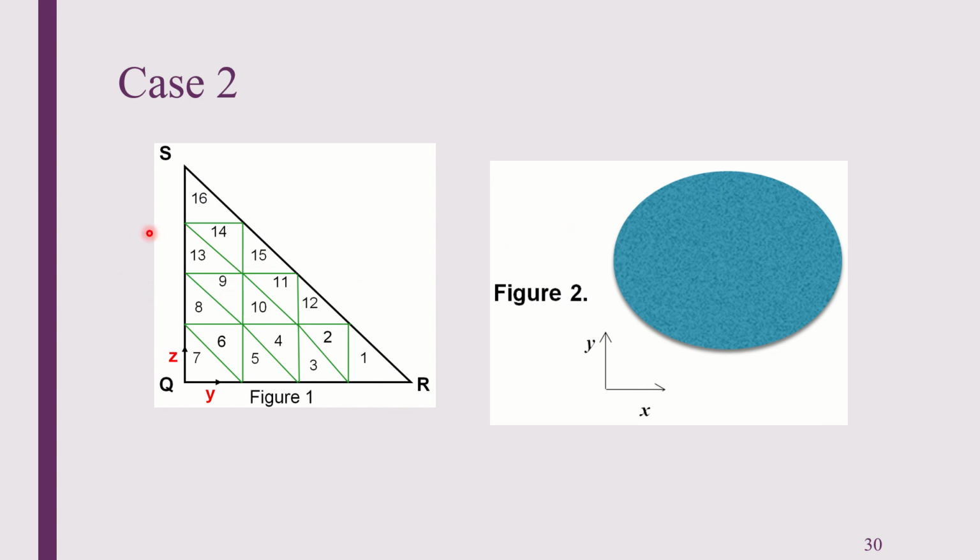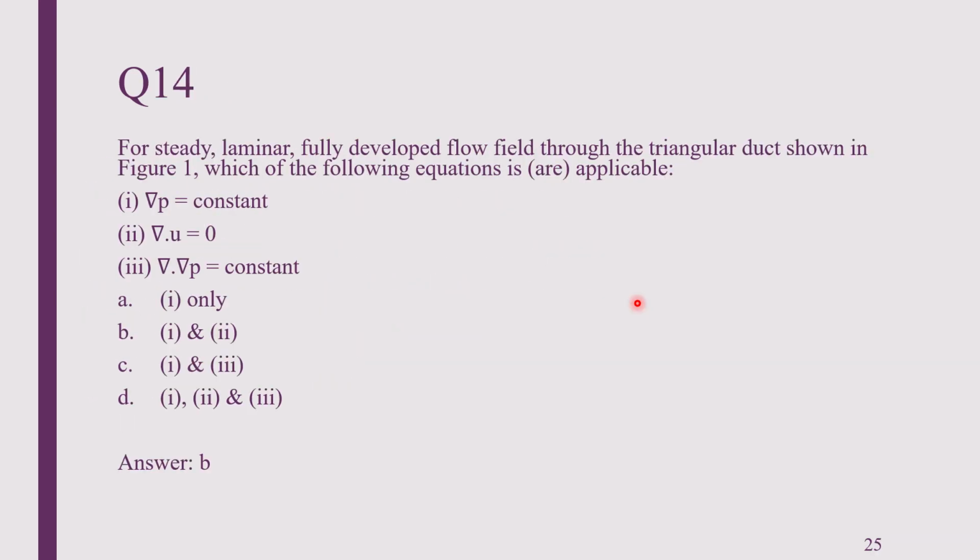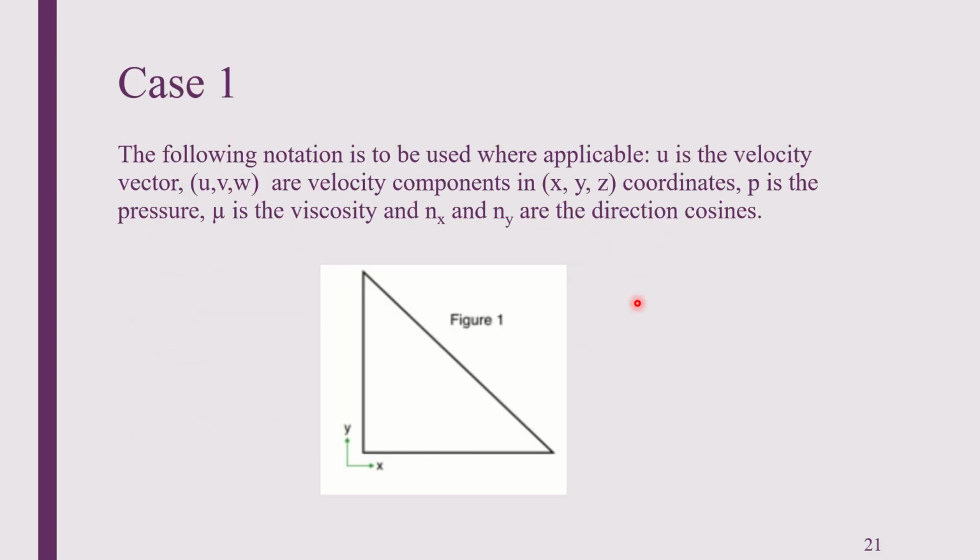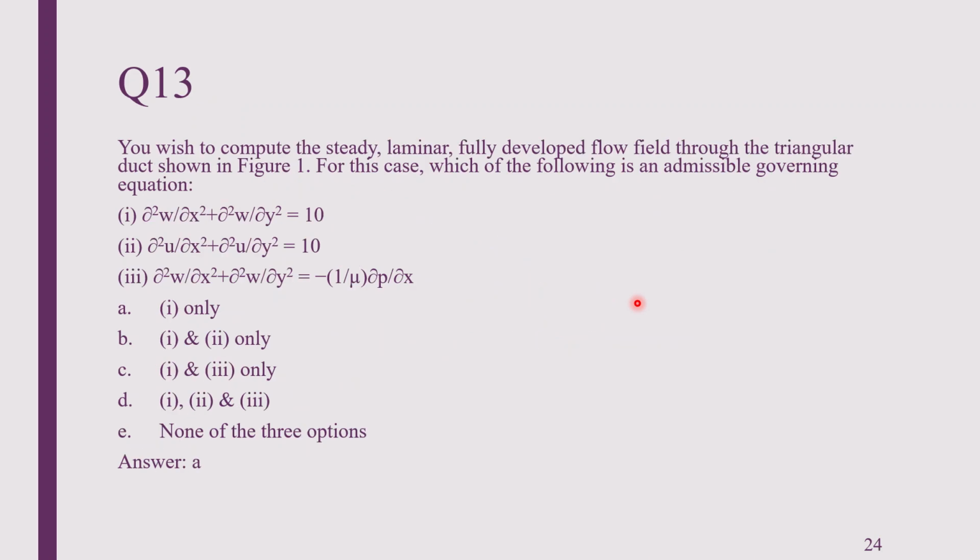Again, one is in the YZ domain and the other is in the XY domain. So just have a brief picture of it. Here we have flow through two different domains, one a triangular duct and another an elliptical duct. We'll see what questions can be asked from case 2. In case 1 we saw a flow through a triangular duct only. Similar to this is figure 1 from case 2, and additionally we have one more, an elliptical duct.